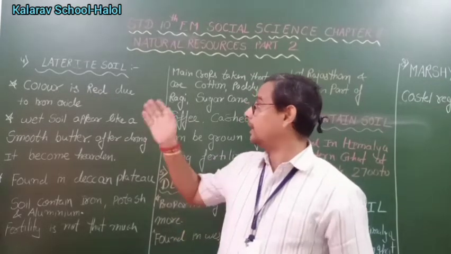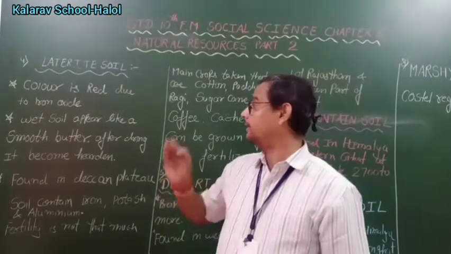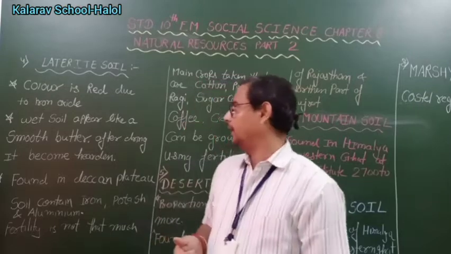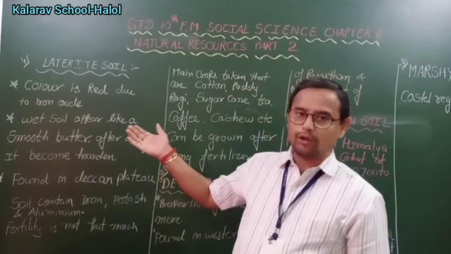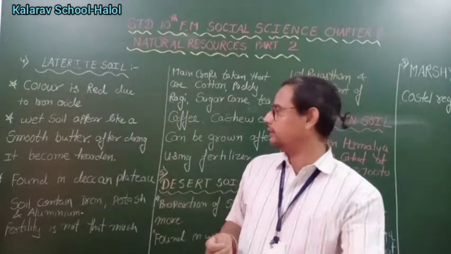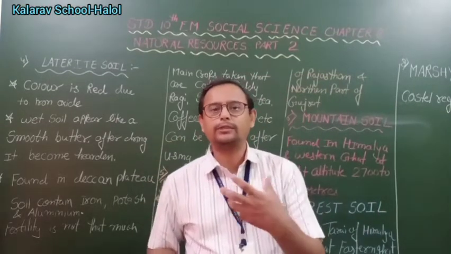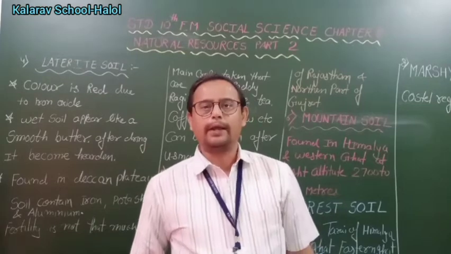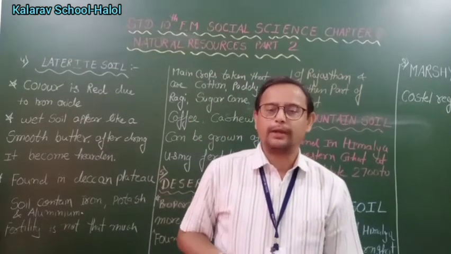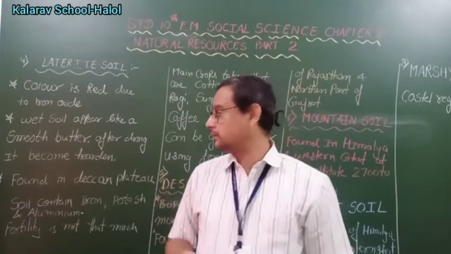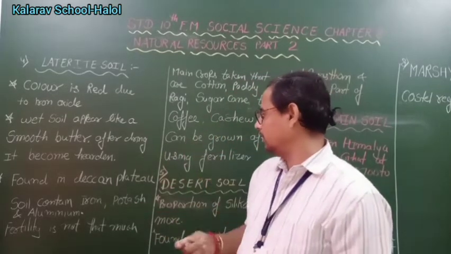Similarly, in laterite soil, its color is red due to iron oxide. When this soil is wet, at that time it looks just like butter, it becomes smooth like butter. But as soon as it becomes dry, it becomes too hard. That is the characteristic of this soil.